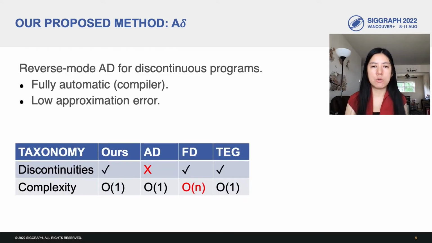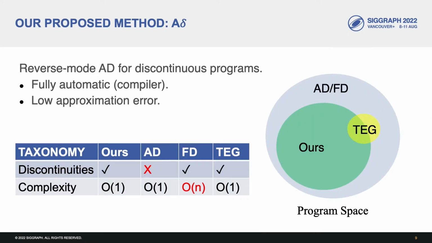If we compare with other methods like AD, finite difference, and TAG as we discussed before, AD is unable to sample discontinuities, and finite difference will be inefficient as its complexity scales with the number of parameters. In terms of expressiveness, while AD and finite difference can be applied to any programs, both ours and TAG are limited by the syntax of domain-specific languages, but ours can be applied to a much larger set of programs.